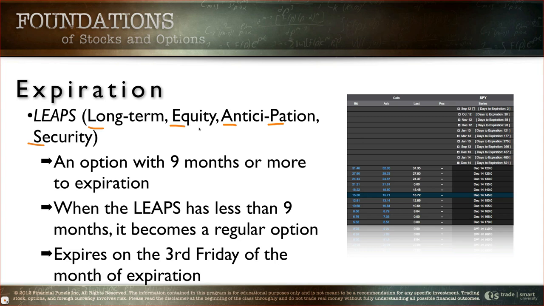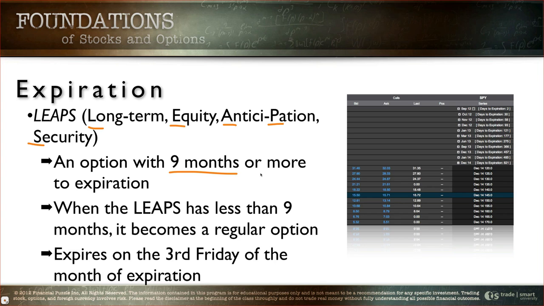Long-term Equity Anticipation Security. A LEAPS option is simply a regular option that has at least 9 months to expiration. We usually refer to them as a year or more because most of the time those are the ones you look at when you're looking at LEAPS. But technically, 9 months or more to expiration is a LEAPS option.